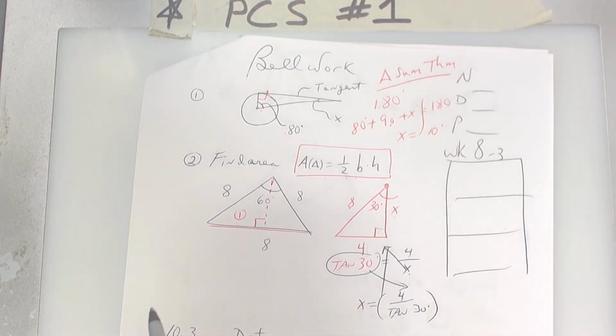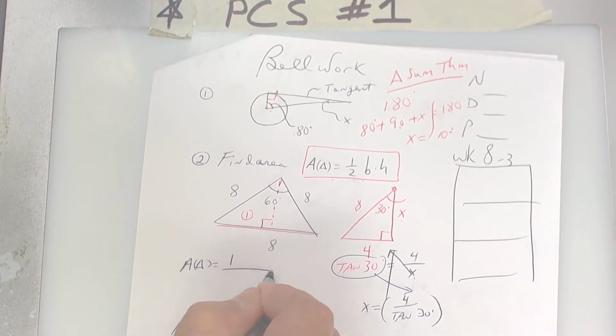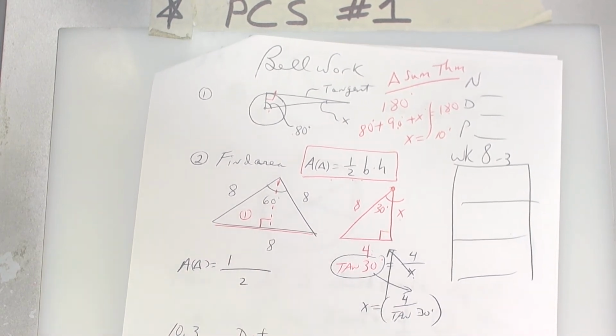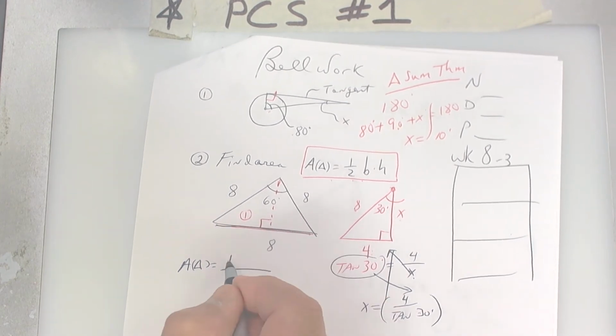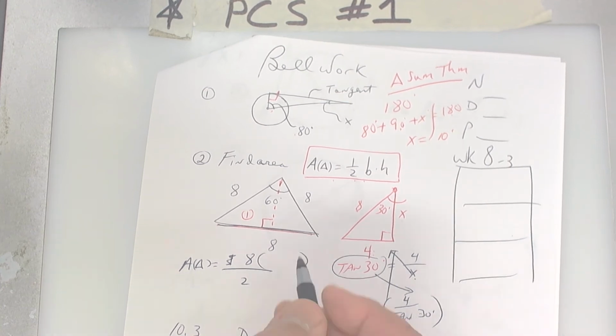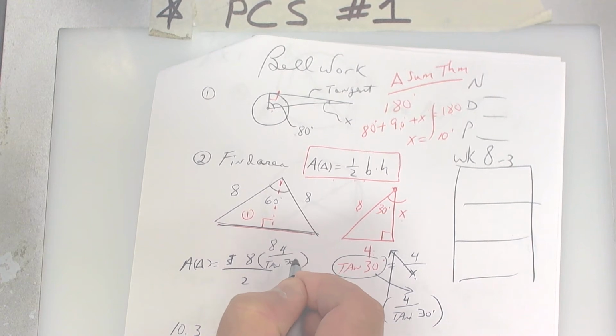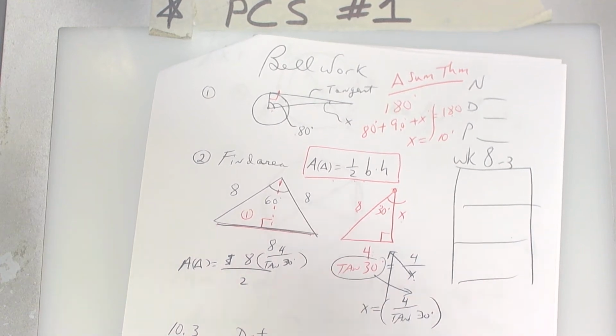So now let's go back to the formula. Area of a triangle equals 1/2. So you're going to divide by 2 in a minute. The whole base is 8, so you want to use 8 right there, times the height, which is 4, divided by the tan of 30, or tangent of 30. And that's it right there.